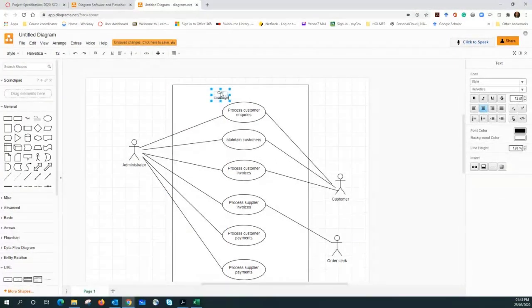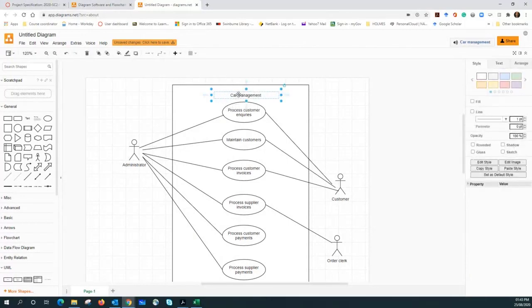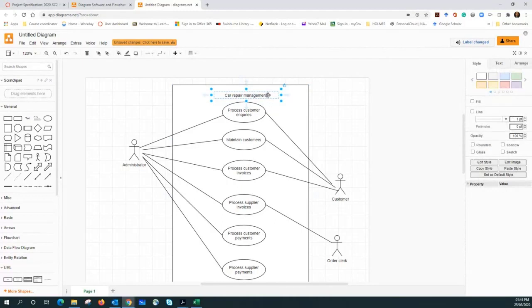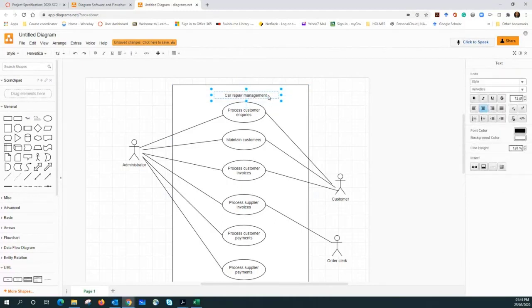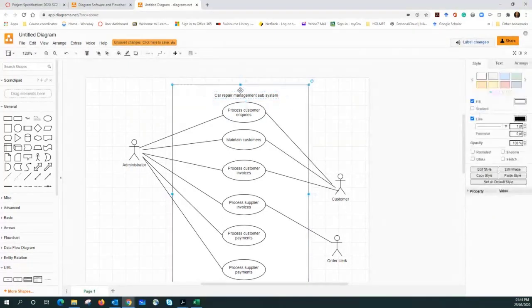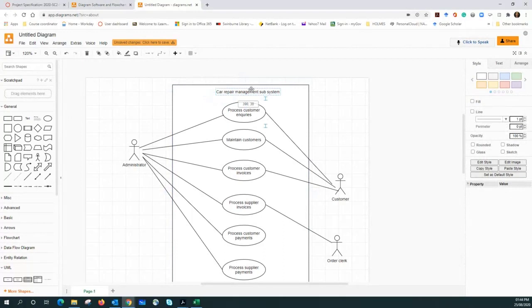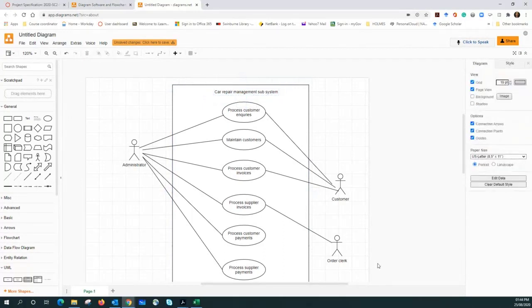Car management or car repair management system or something like that. Yes. So, car repair management system.